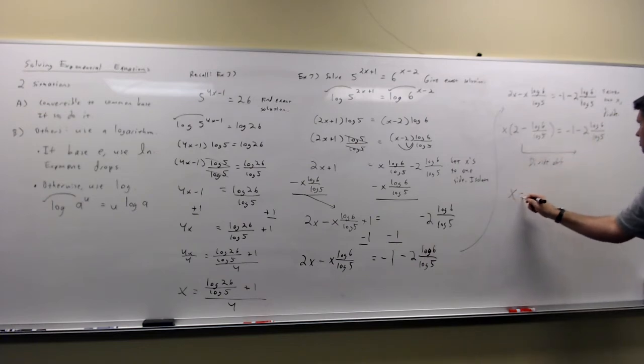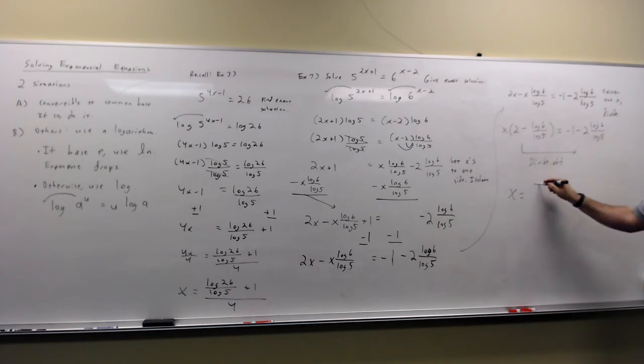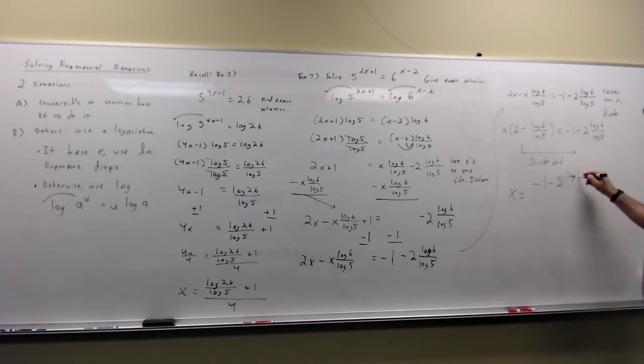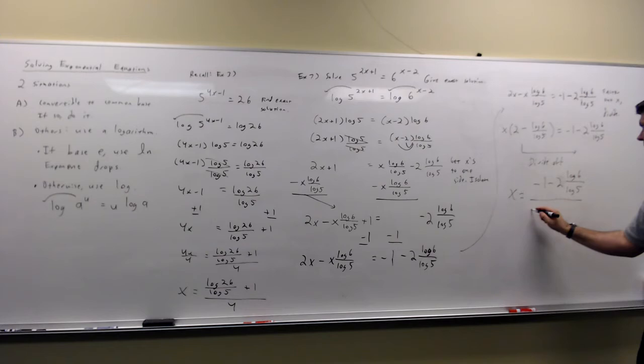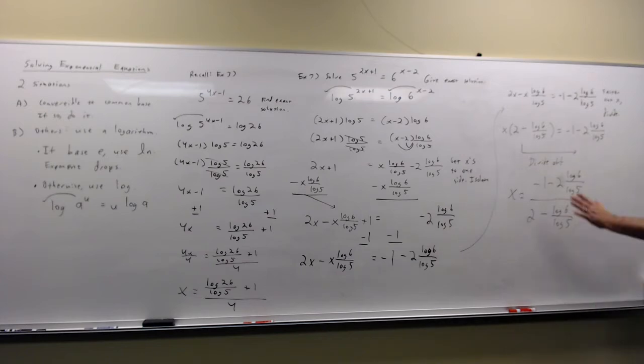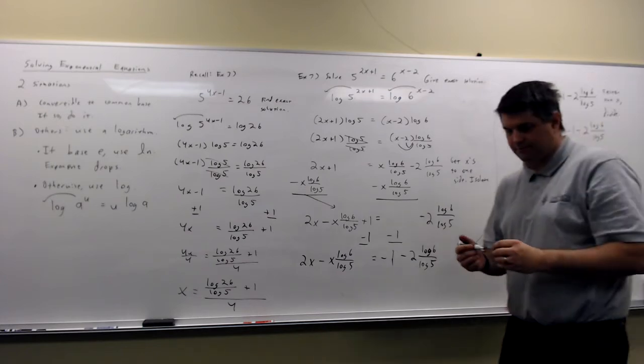So x equals this over this, divided off here, divided off there, and became a denominator. And we can call that done.